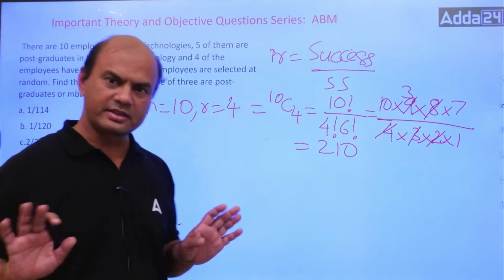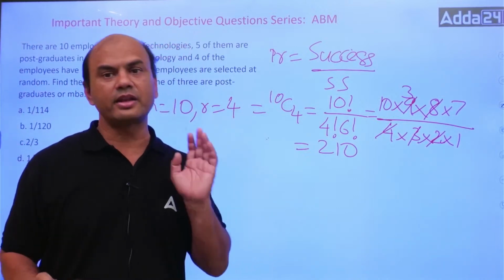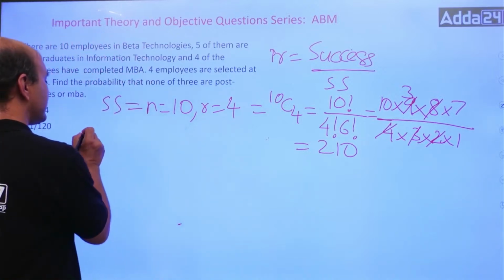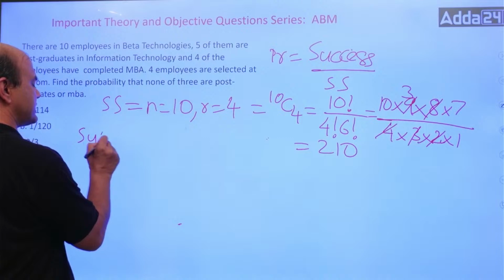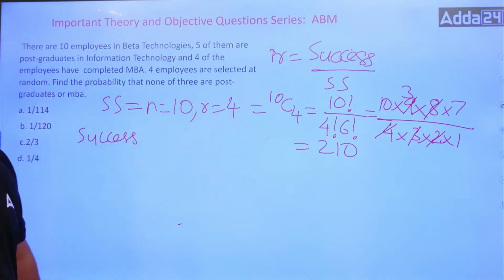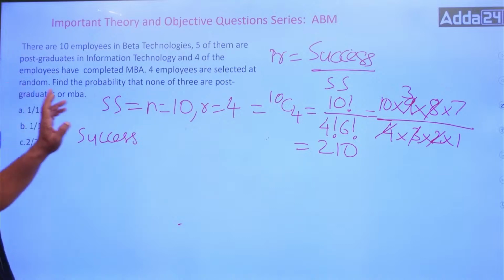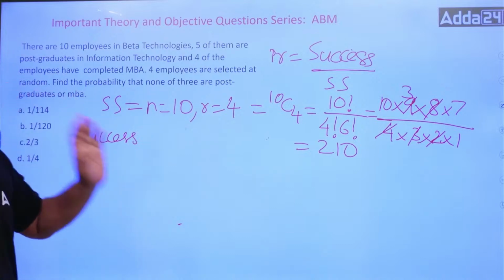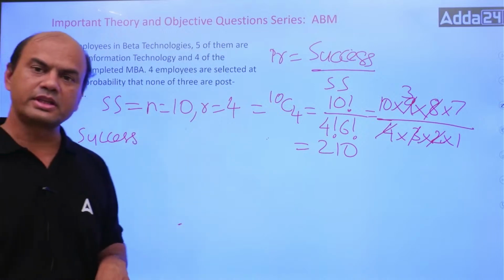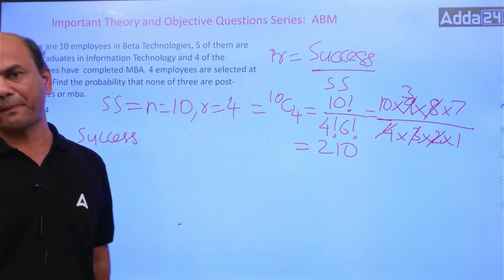Getting this clear? The numerator is difficult. Success. What do you want as success? You want negative success over here. Means you don't want PG and you don't want MBA also. For that, what do you want to do? You'll have to first find out the PG and MBA.